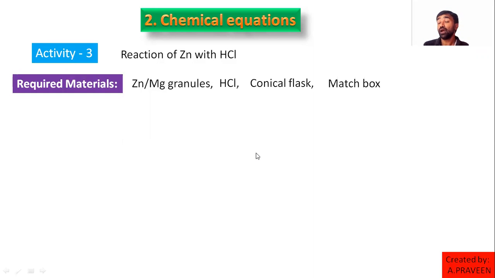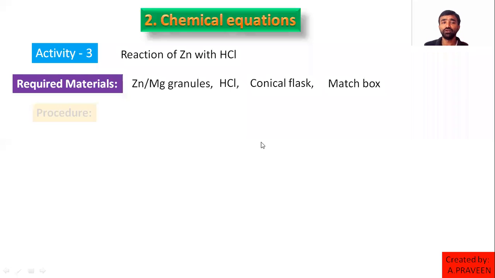Then I need to observe if any gas is liberated. That gas's nature I also need to decide. So how to decide the nature of that gas? Using a burning matchstick, right? We have a few observations with the burning matchstick, right? So I'll show you that.